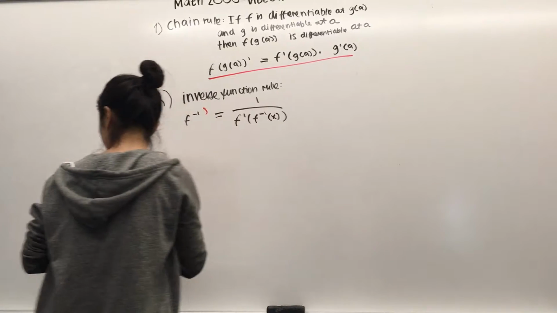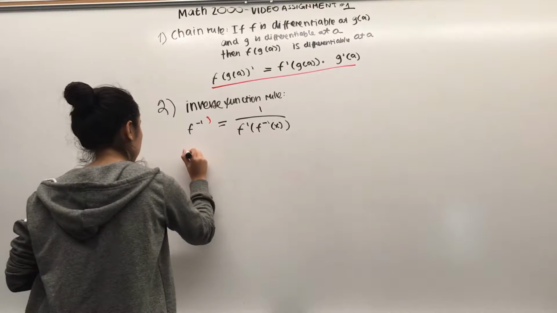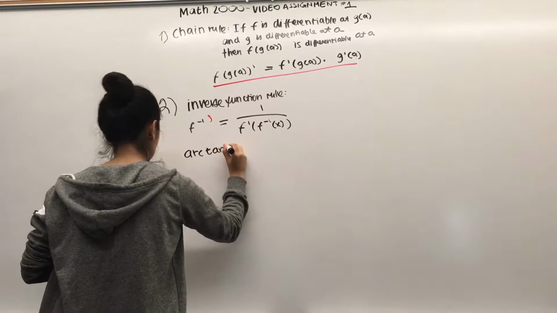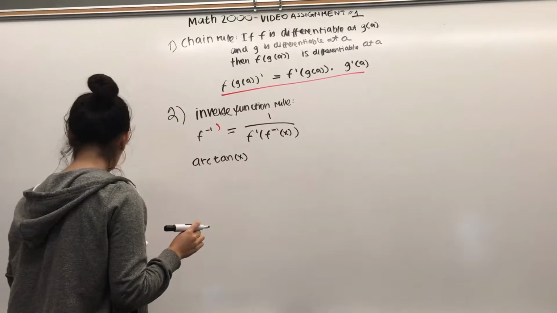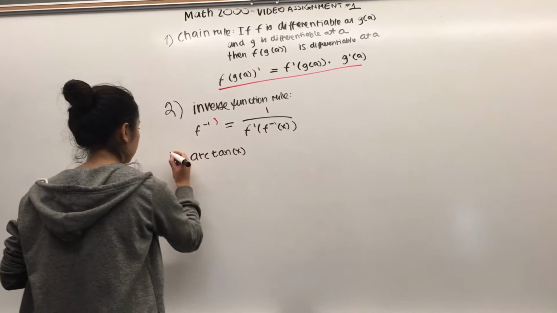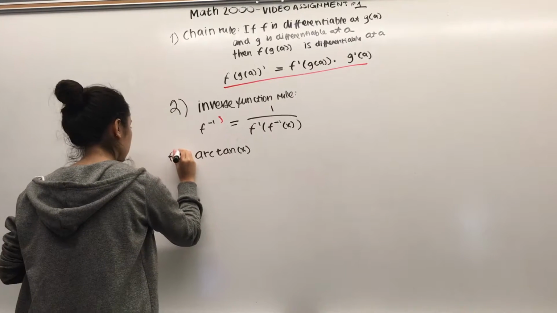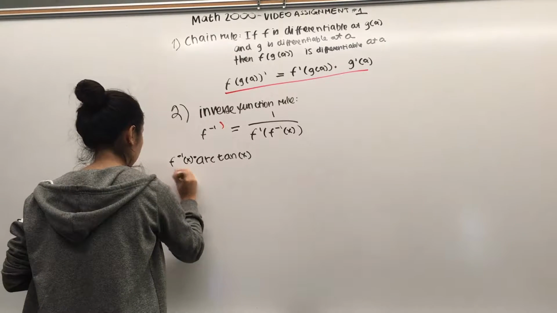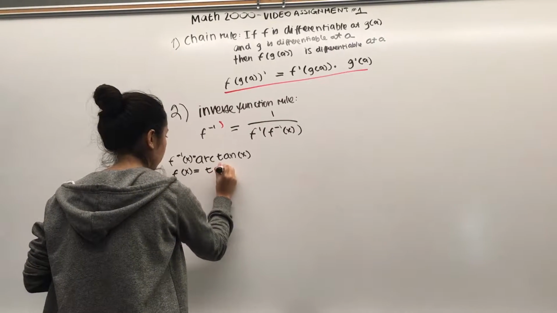So in order to find the derivative of arc tan of x, we need to use the inverse function. In this case, the normal function would be tan of x.